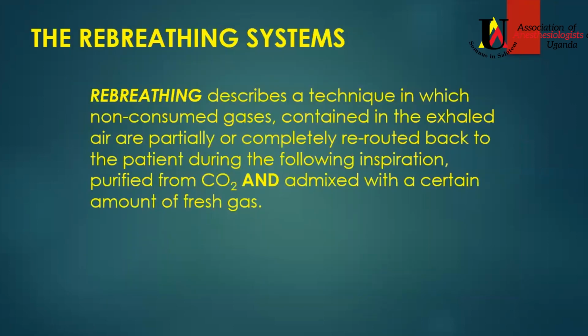So if you look at the different rebreathing systems, I've been mentioning this, so we're going to look at how each differs. Rebreathing describes a technique in which non-consumed gases contained in exhaled air are partially or completely rerouted back to the patient during the following inspiration, after they have been purified from the CO2, and then they are mixed with a certain amount of fresh gas.